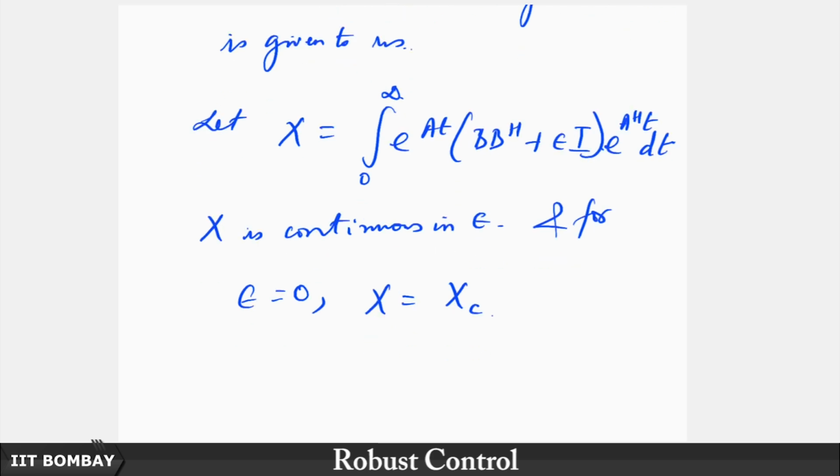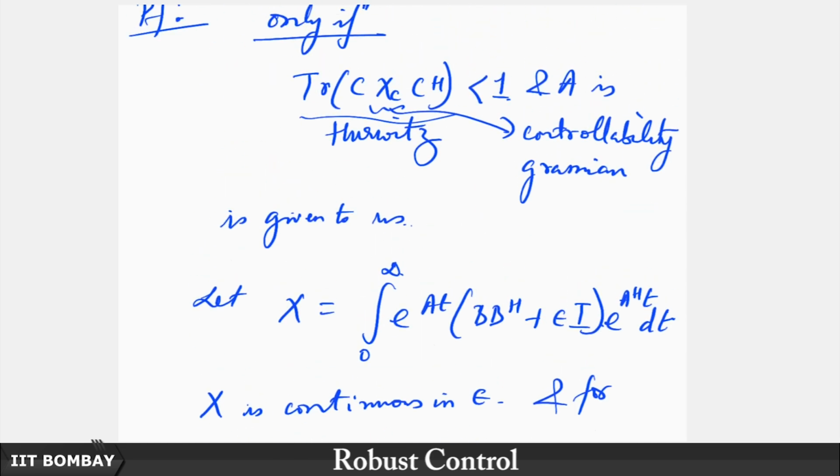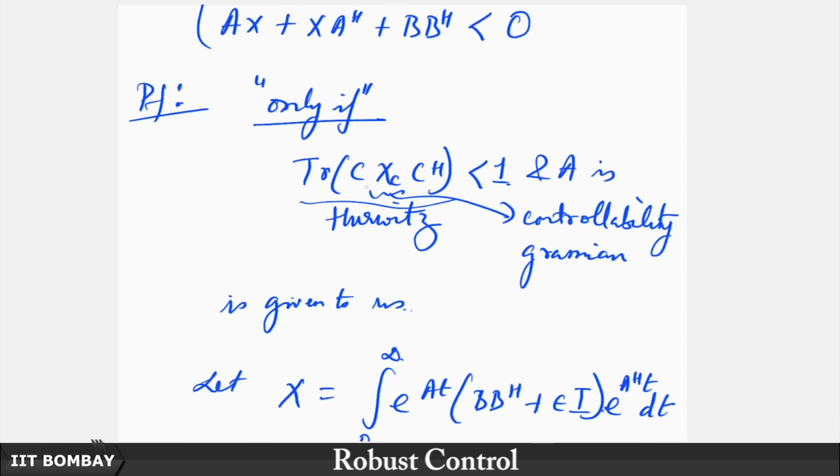So, it is obvious. Now, the key to our argument is by continuity. So, remember, because Xc is the controllability Gramian, and because we know that the H2 norm is less than 1, when you plug in X equal to Xc here, it is obviously less than 1, that is what we have just convinced ourselves.